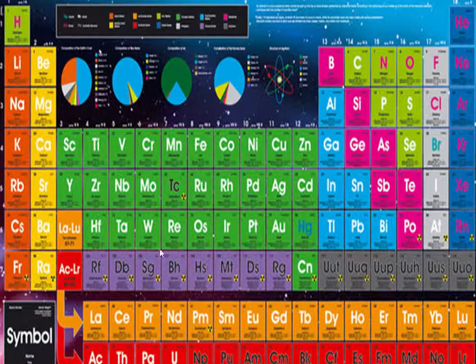So I brought myself another periodic table, and I can probably read this out. This is the periodic table as it stands right now, 2016. And there's the elements: hydrogen, helium, lithium, beryllium. Then we move over to here.